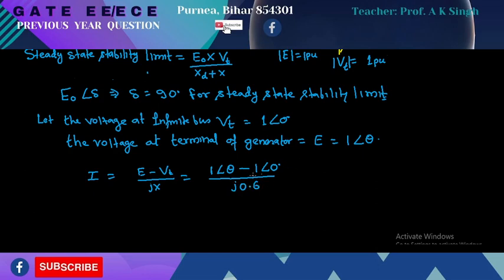Okay, now applying KVL in the loop. Which loop?